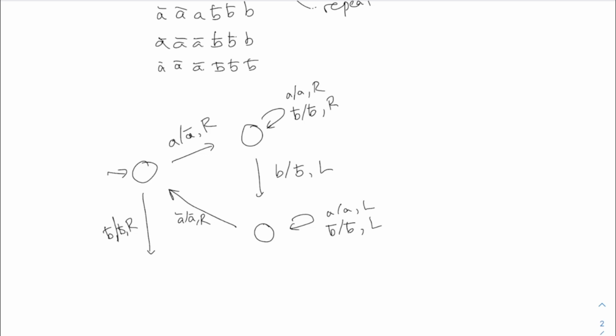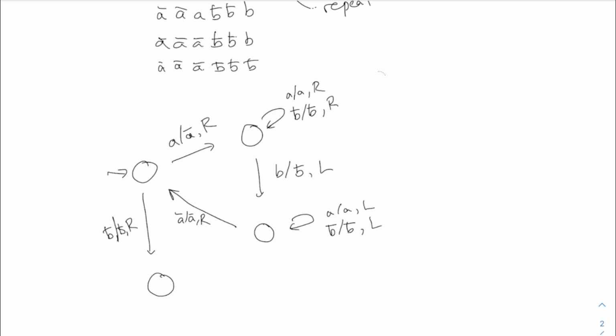There's one last thing we need to do, which is to go through the rest of the string and make sure there are no extra unmarked B's at the end. And if you think about it, there could even be extra unmarked A's at the end, which definitely should be rejected.